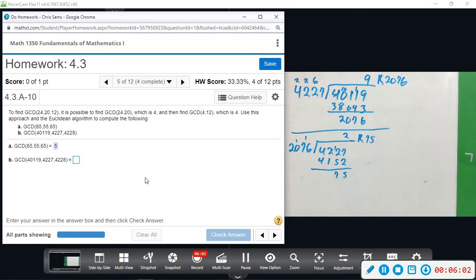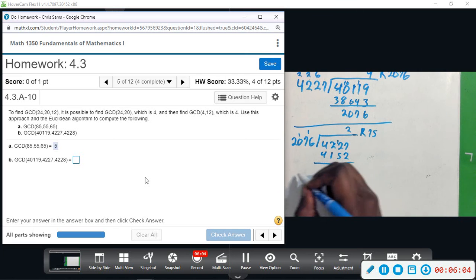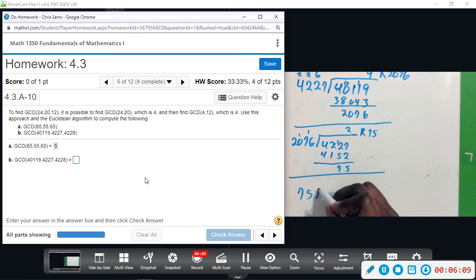Alright, so we're going to do this again. 75 on the outside and 2076 on the inside. 75 will go into 207 twice, giving us 150.